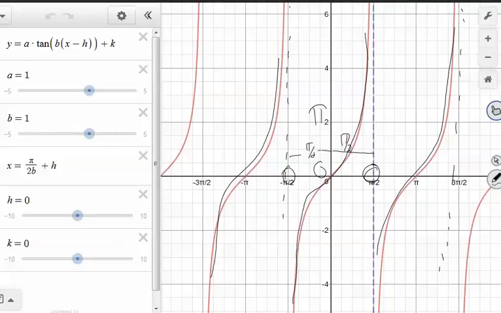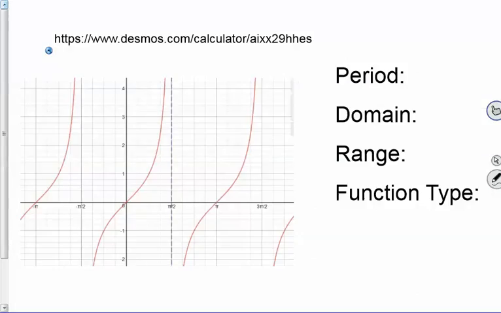Well, that's because remember in our table where it says it's undefined at those locations? Well, the period of our tangent function is pi.